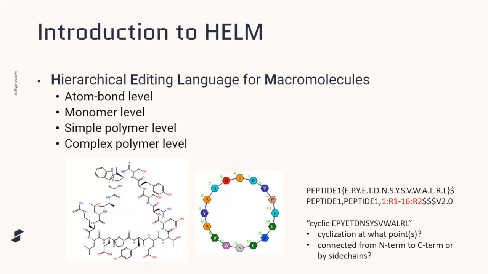Are the monomers connected from N terminus to C terminus, or are they connected by their side chains? There's a lot of information that you can't interpret in just plain text. This is where Helm really shines, by explicitly defining for you in the Helm string which connection points of which monomers are connected to one another in a machine-readable format that can be processed by automation and AI tools, as well as by Scilligence RegMol.